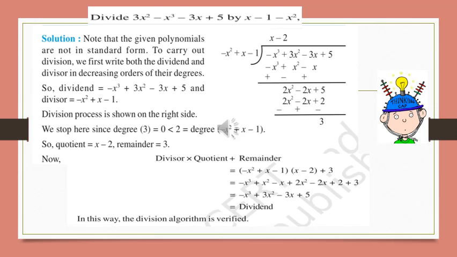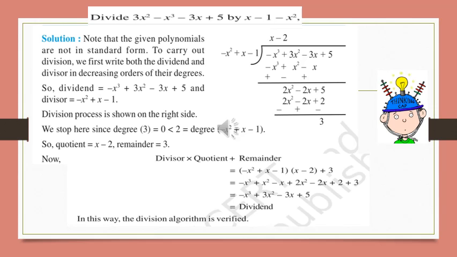Here, both the dividend and the divisor are not in standard form, meaning the degrees are not in ascending or descending order, but while writing we have to write them in standard form. So see here, the dividend is minus x cube plus 3x square minus 3x plus 5, and this whole is divided by minus x square plus x minus 1.